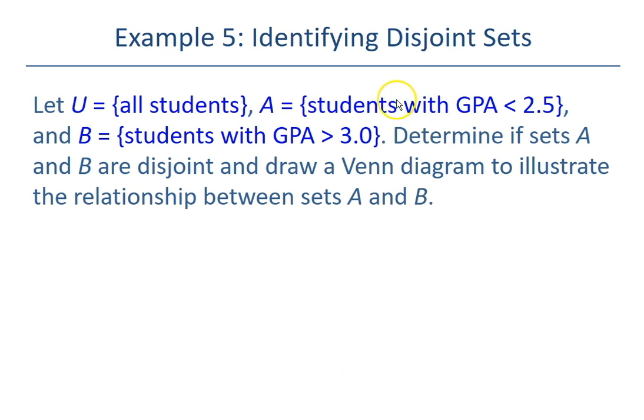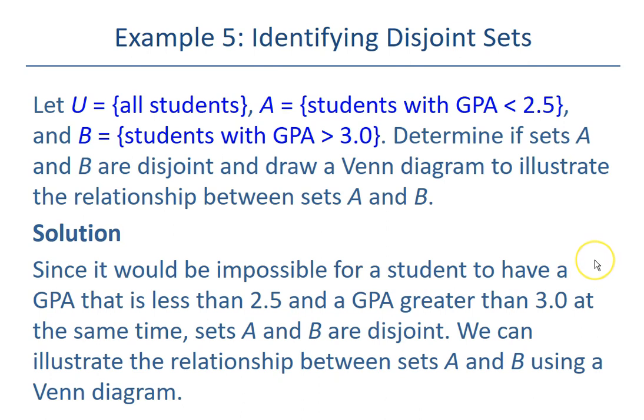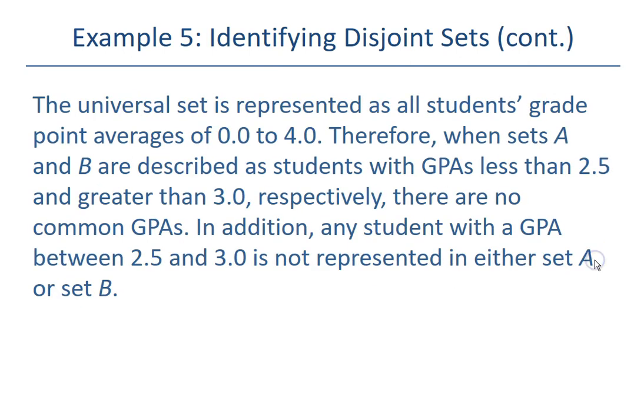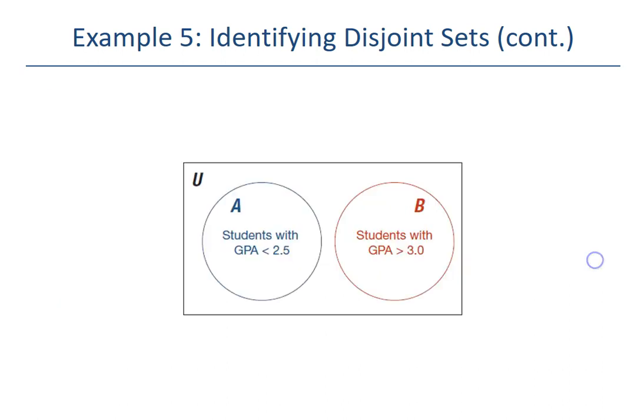So notice there wouldn't be any students in set A that would be in set B, or any students in set B that would be in set A. Therefore, this is disjoint, and looking at it in a Venn diagram, it would look like so. So again, they're starting us off with something very easy.